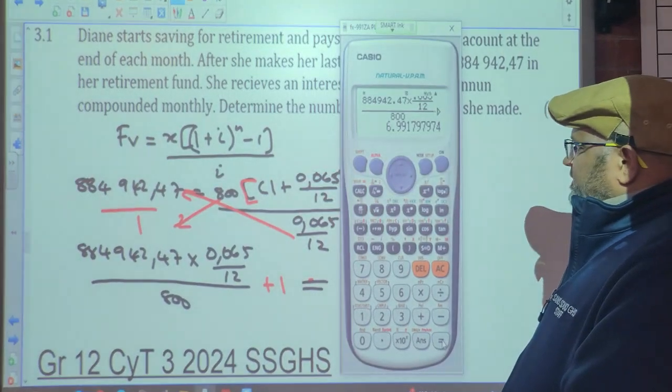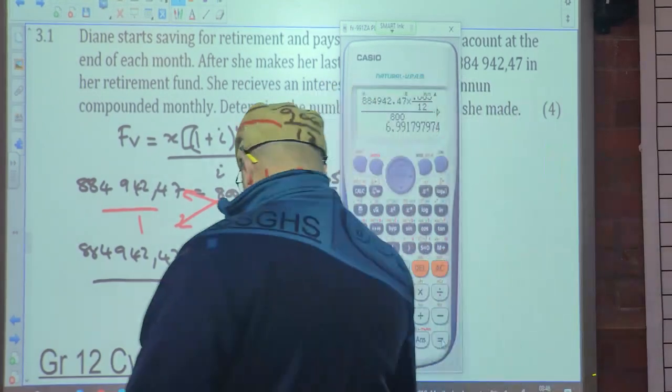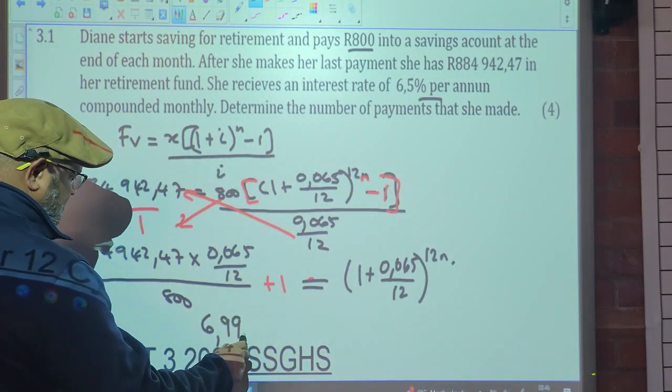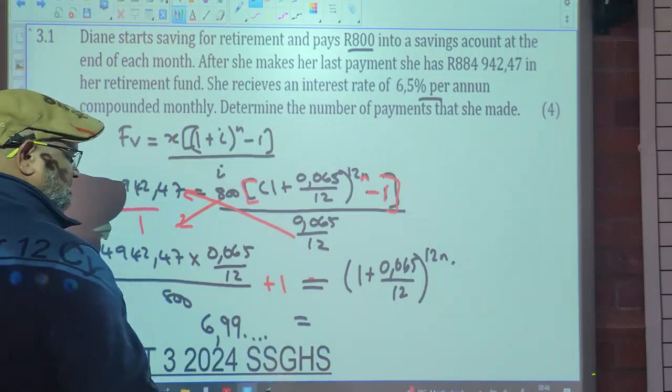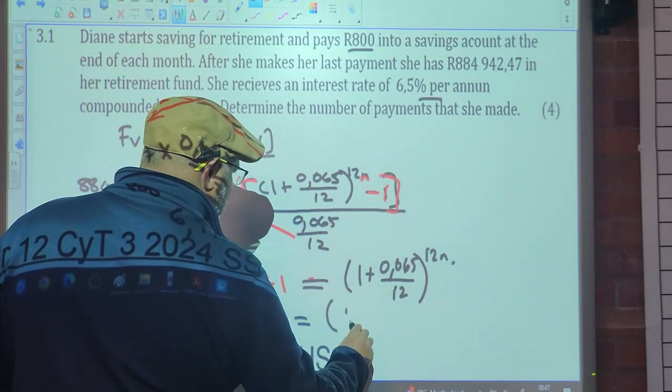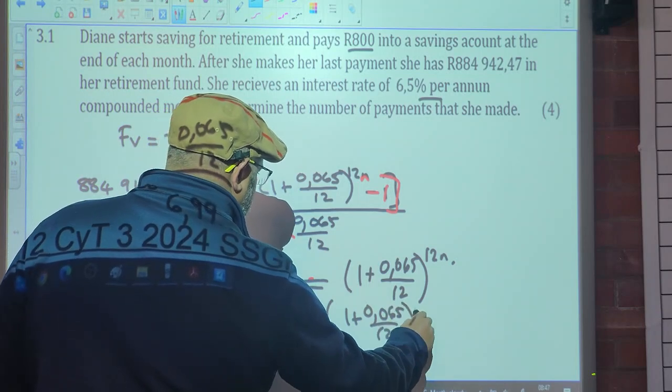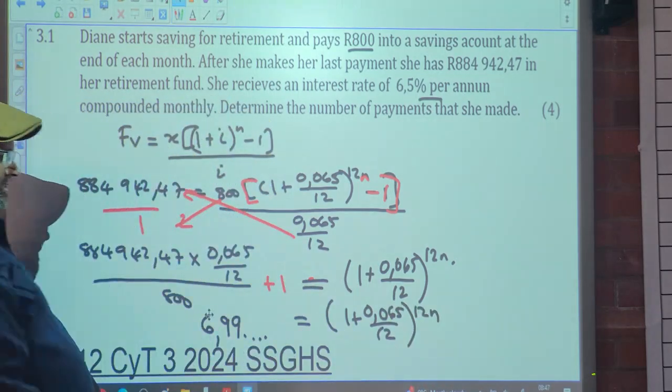Okay, so 6.99, and of course the number carries on, equals 1 plus 0.065 over 12 to the exponent 12n.